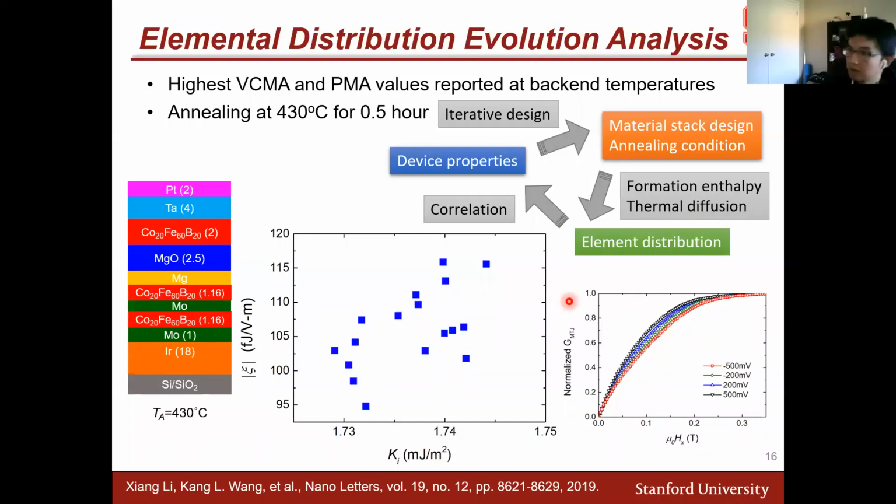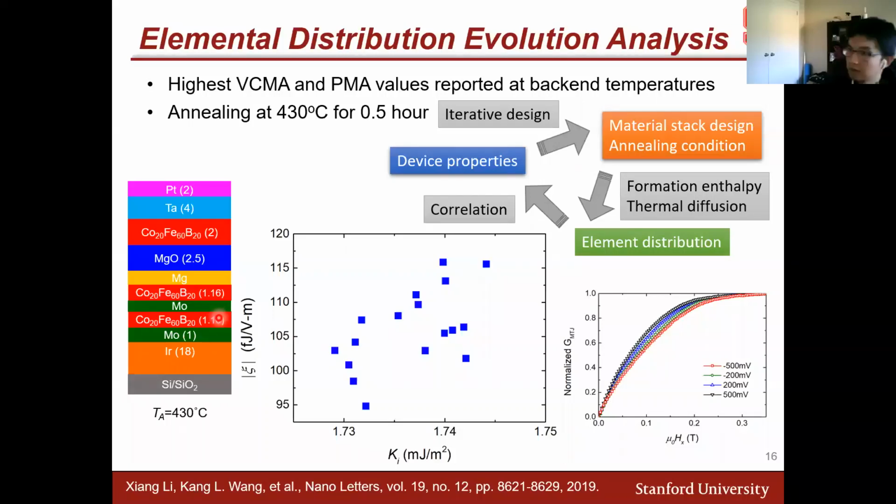Okay. There's a caveat here: this is still a very qualitative approach. It's not quantitative at all yet. If we want it to be quantitative, we need to do a more careful simulation, Monte Carlo or whatever, to see how the atoms diffuse with different thermal annealing temperatures and different thicknesses of each layer.